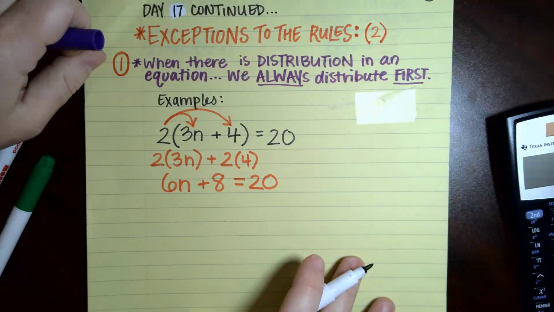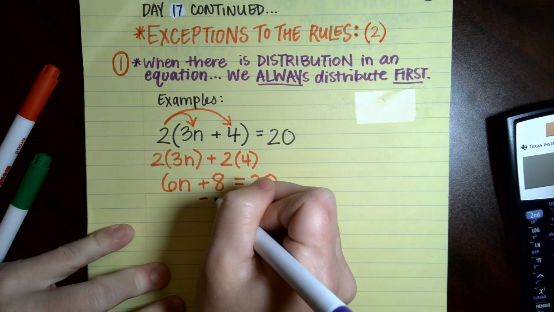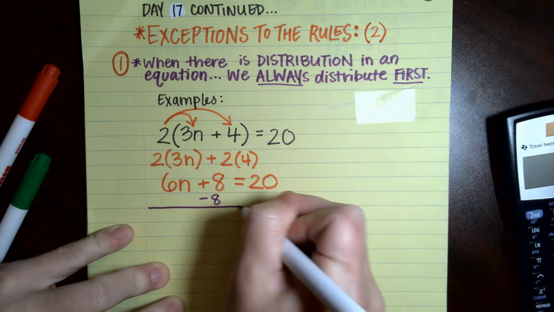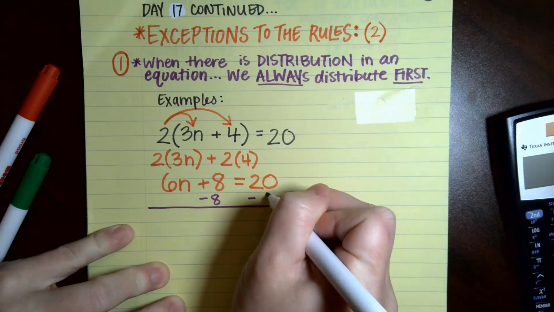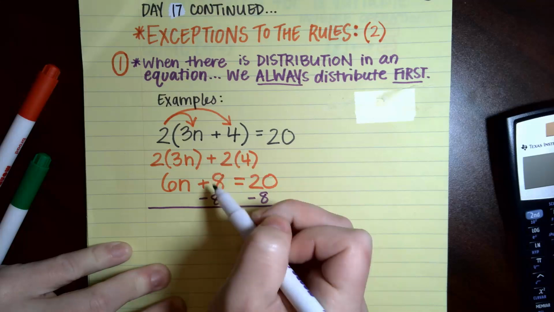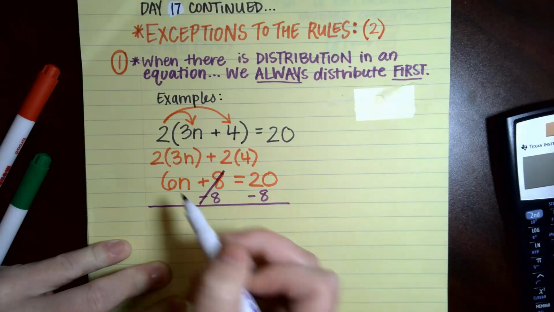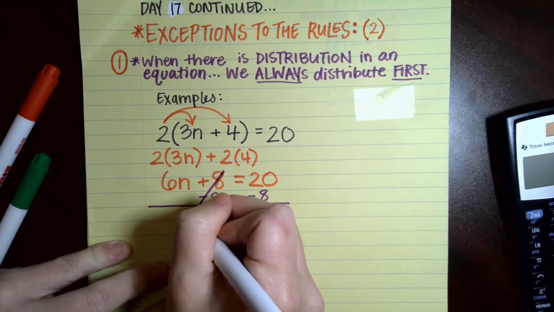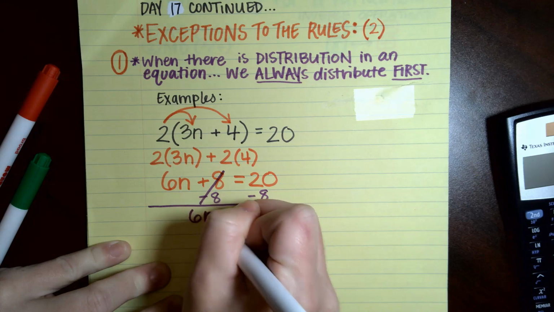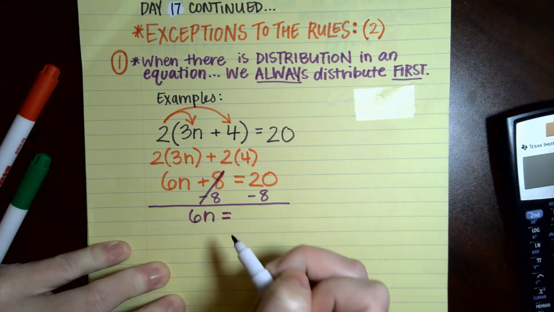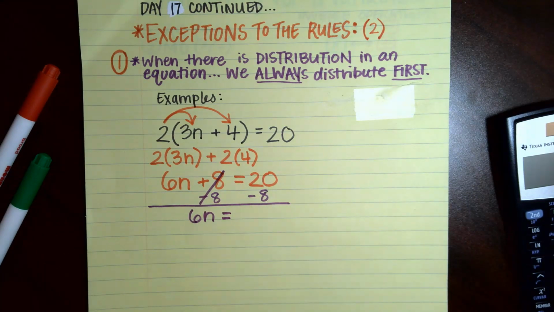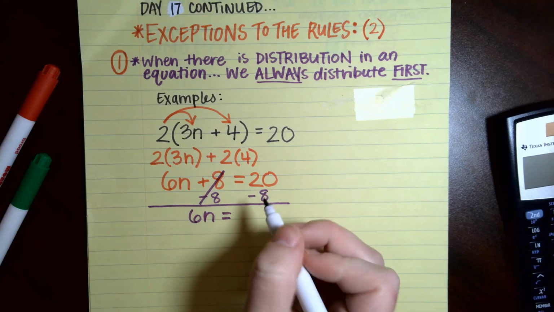So we have plus 8. To get rid of it, we'll do minus 8 on both sides. My 8s are going to cancel, and I'm left with 6 times n equals, what is 20 minus 8? It should be 12. Good.